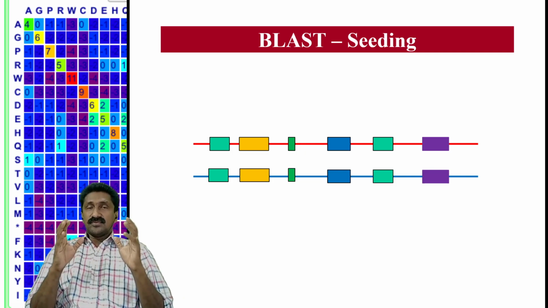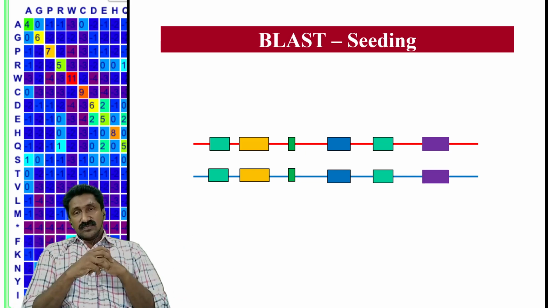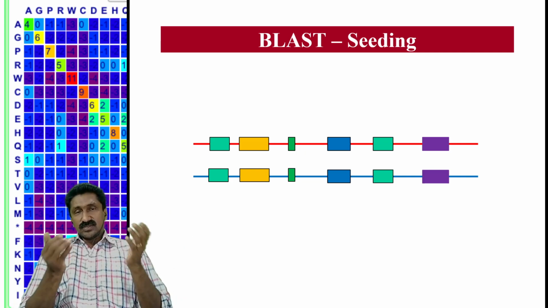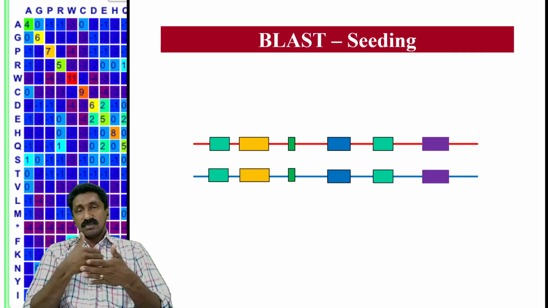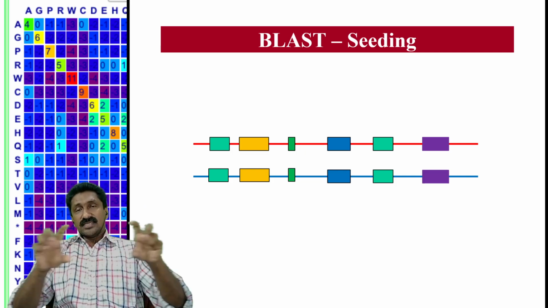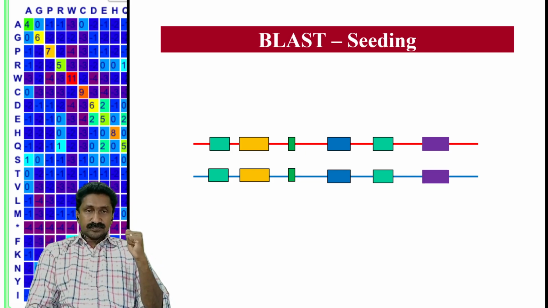So that type of region will be identified initially. That's the first part of seeding: your query words will be seeded against the database sequences, and wherever such matches are found, those regions are identified and known as high scoring segment pairs.